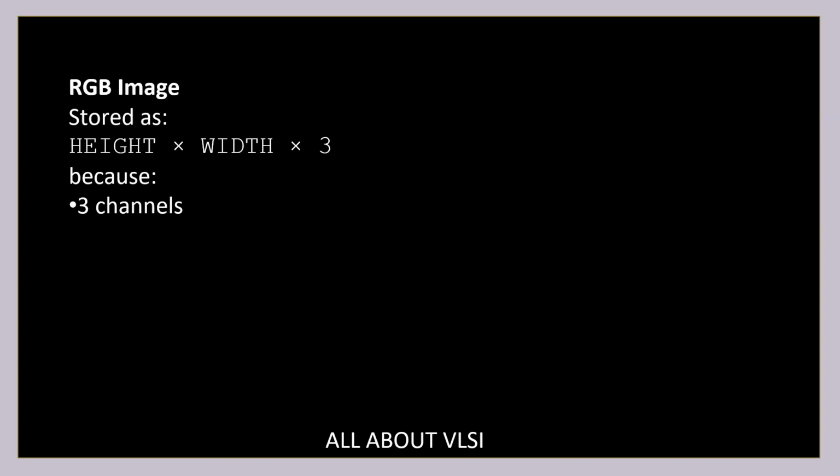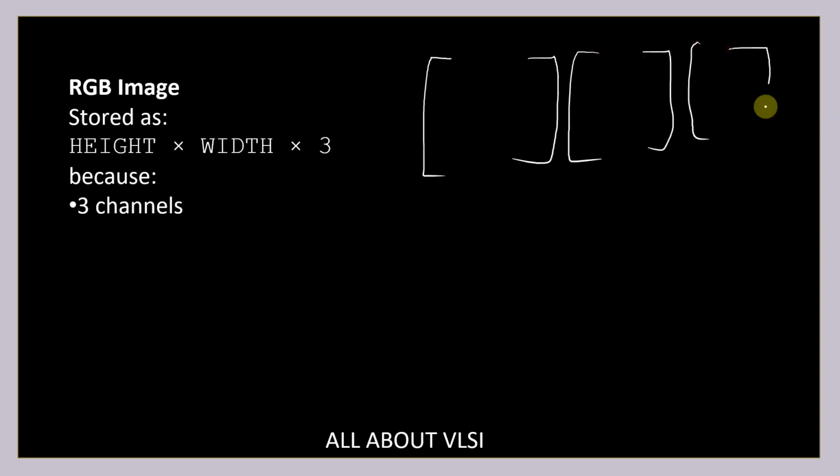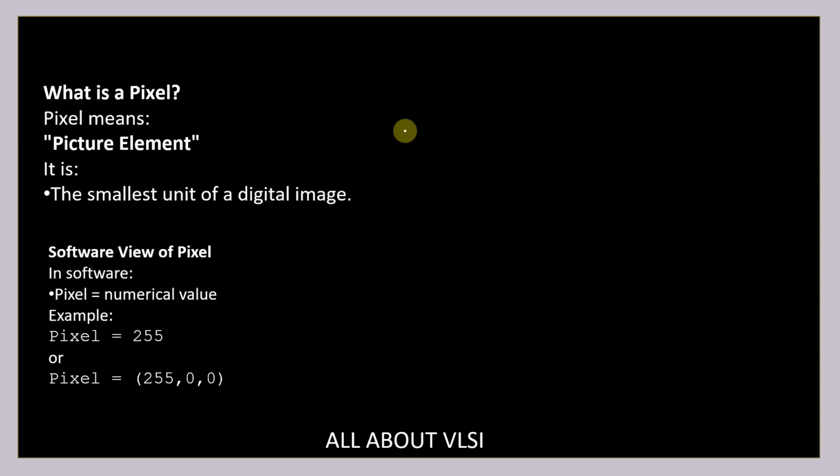In the case of an RGB image, I'm going to have an R plane, a green plane, and a blue plane. So I represent RGB images in three channels: this is the R plane, this is the G plane, and this is the blue plane. A color image is not one matrix; it is basically three matrices: red, green, and blue. This is what I was saying.